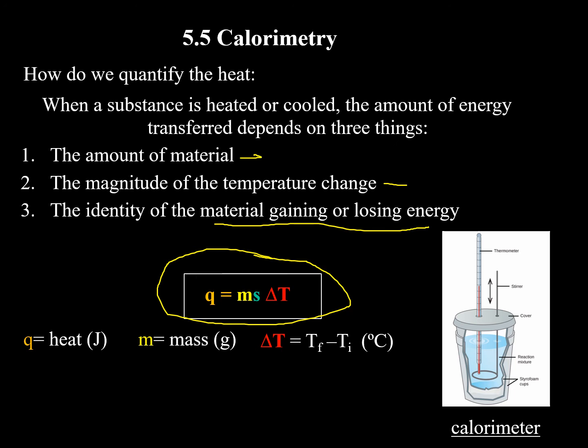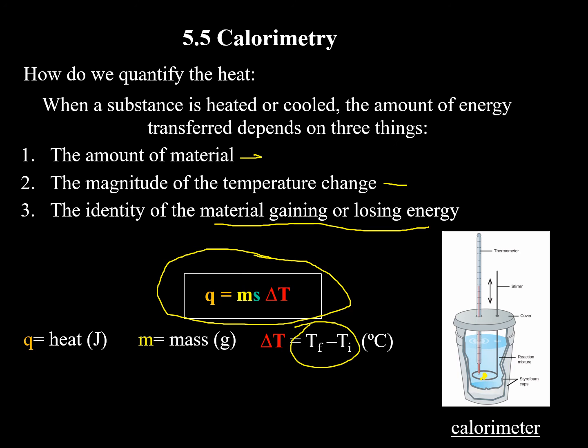So for instance, if you had a piece of meat or piece of food, and you knew its specific heat, you would put it in a calorimeter. You put the piece of meat here, you would light it up and it would burn, and you can measure the temperature change of the water before and after.